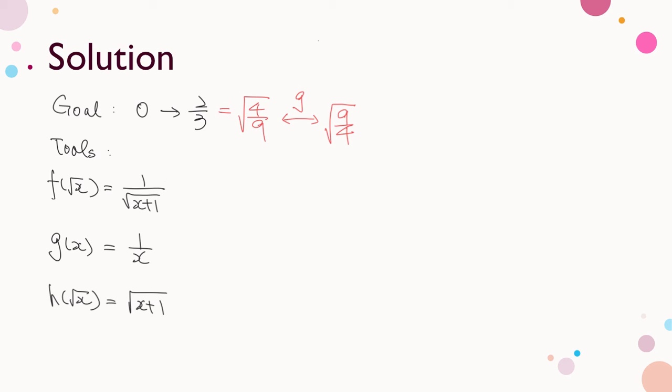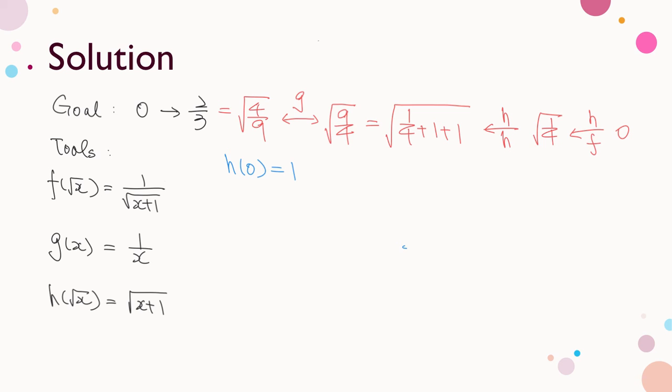So we consider root 9 over 4, which can be regarded as, this number can be obtained by using h 2 times from root 1 over 4. From 0, apply functions h and f, root 1 over 4 can be reached. Let me show the steps expressively. Starting from 0, apply h and have 1.